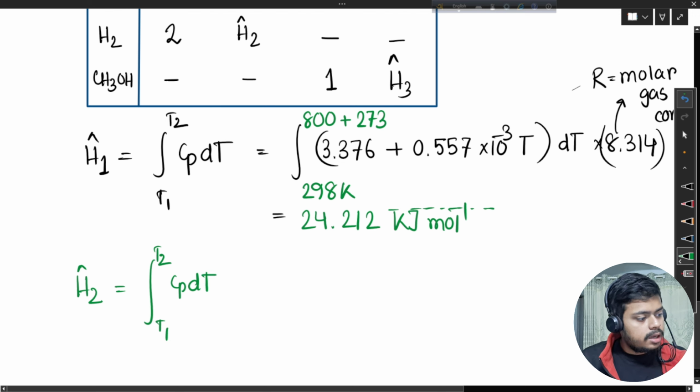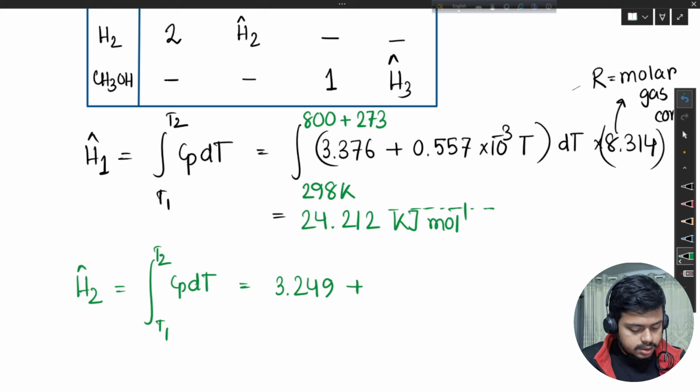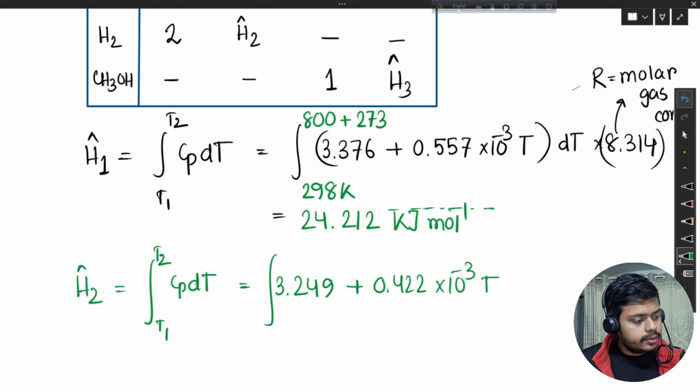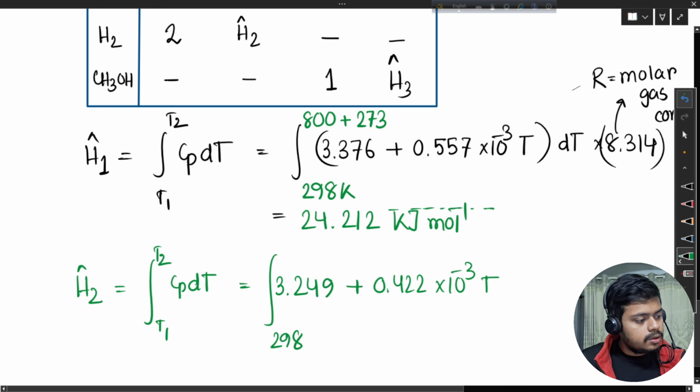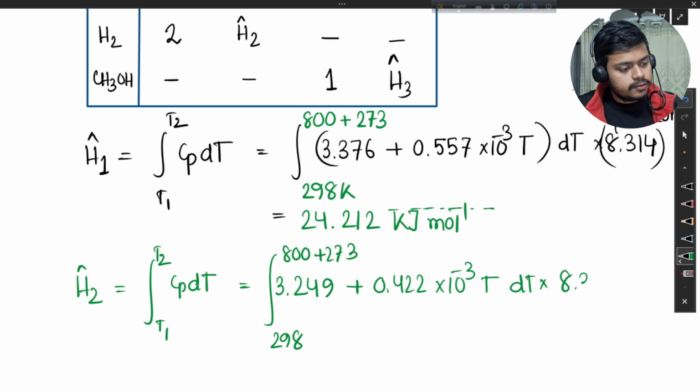For hydrogen, the CP function is 3.249 plus 0.422 times 10 to the power minus 3 T, integrating from 298 Kelvin to 800 plus 273, dT, times 8.314.